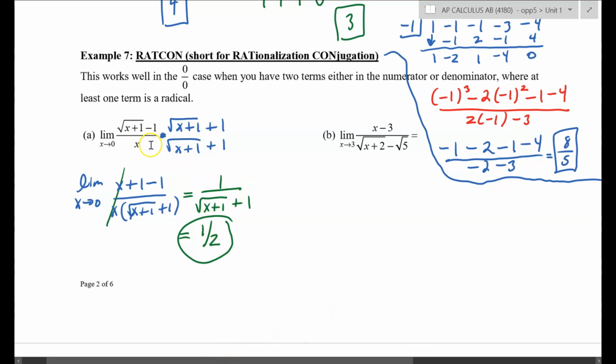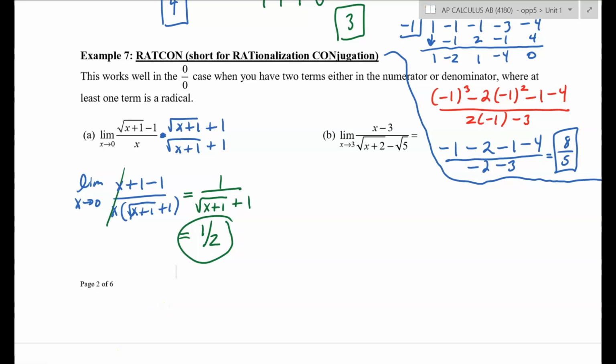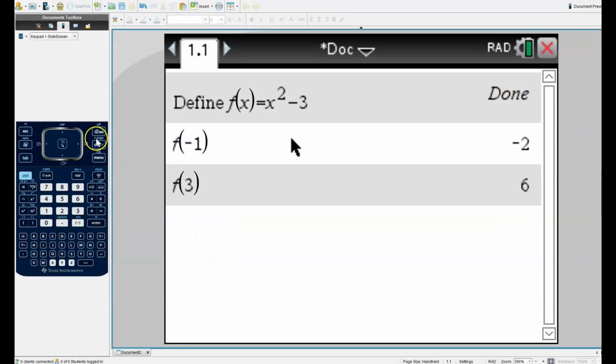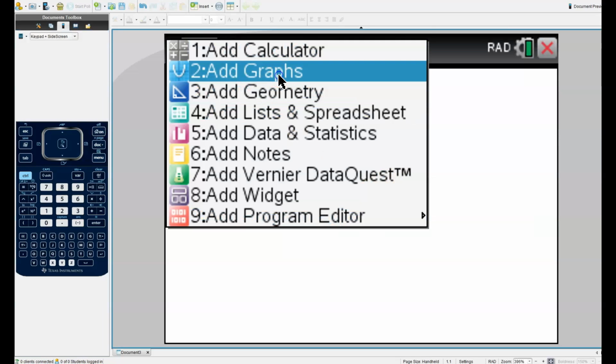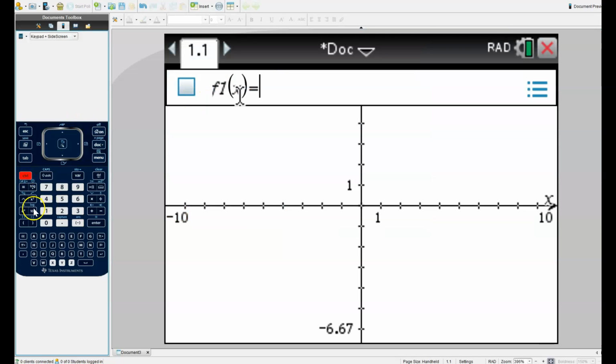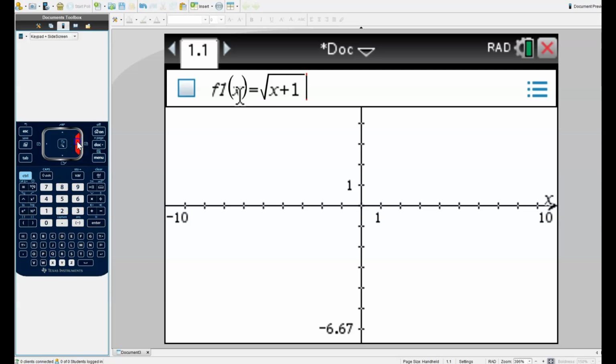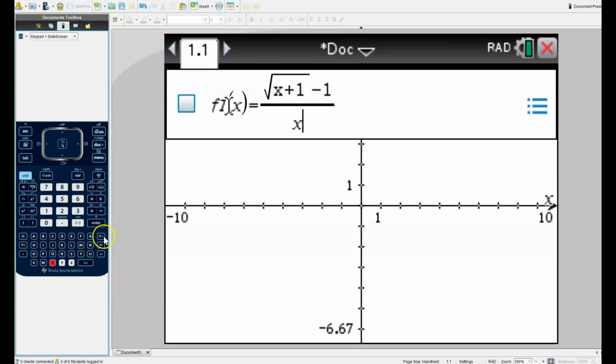You guys want to see what that looks like graphically? I have radical x plus 1 minus 1, all over x.